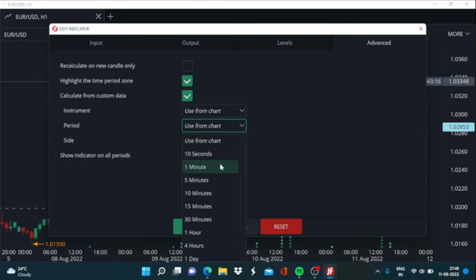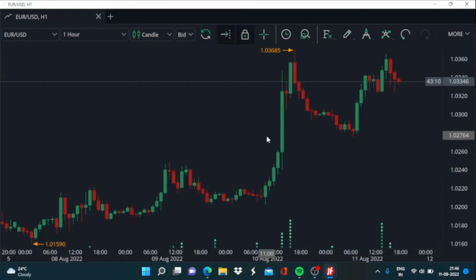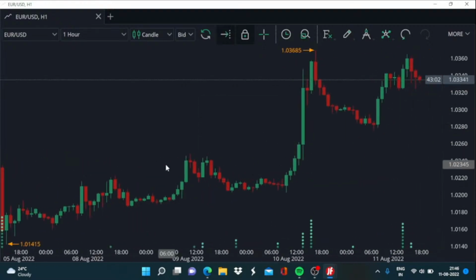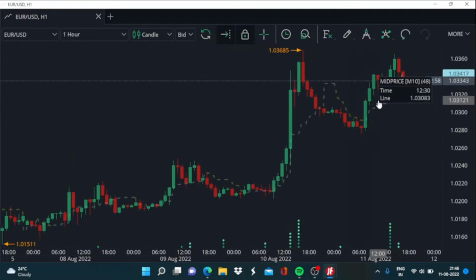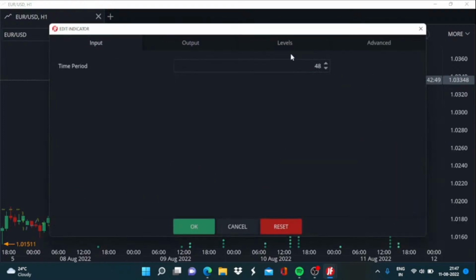And if you keep it fixed at a certain candle period, then it will remain fixed regardless of the chart's candle period. Now the mid price will be calculated using the 10-minute candle for the last 48 candles, whereas we have the chart plotted with the hourly candle period, whereas this mid price calculation is dependent on the 10-minute candles. So this is going to vary.